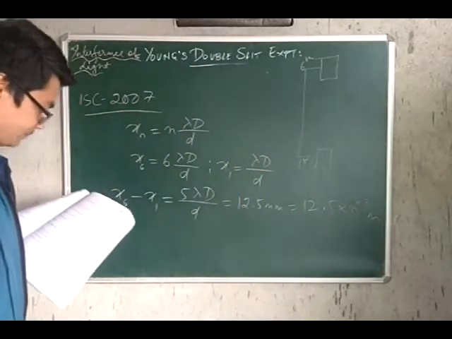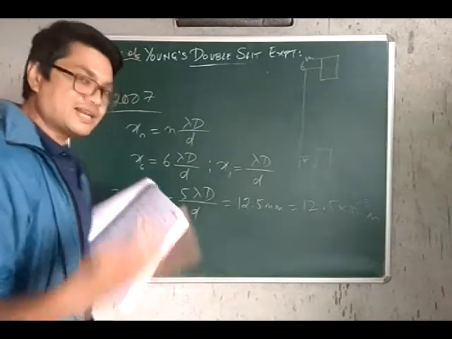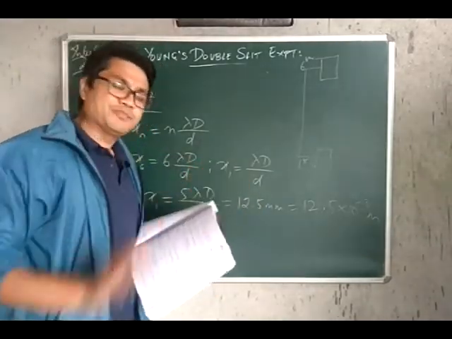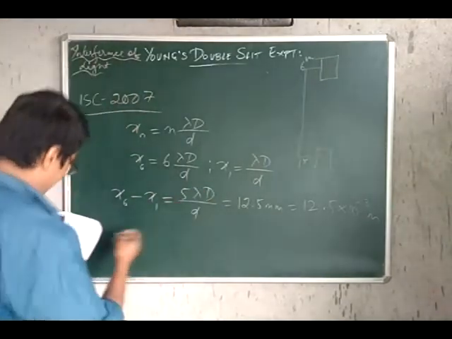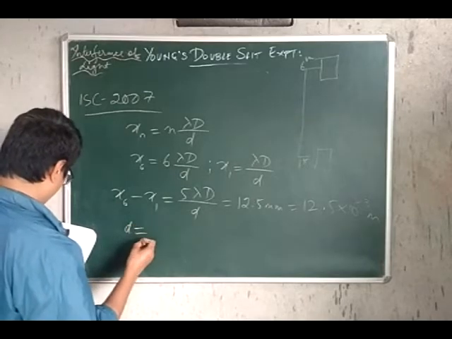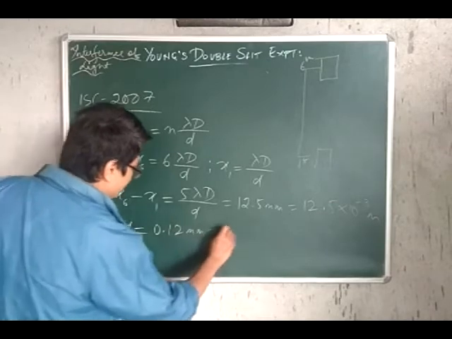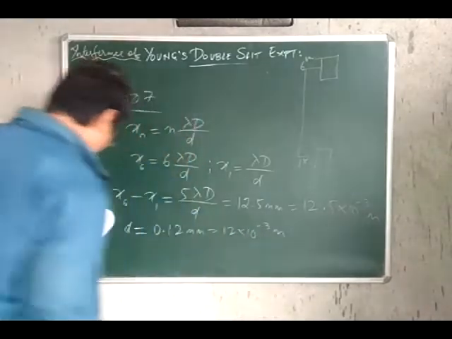Understanding the question is very, very important, remember. Otherwise, you get very simple kinds of numericals from interference and also diffraction. Small d, the slit separation, is given to be 0.12 mm, which is 12 into 10 to the power minus 3 meters.